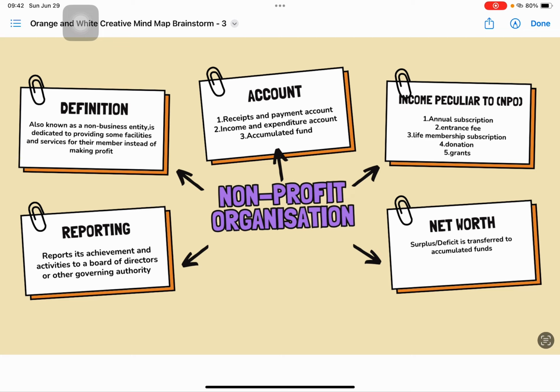For a profit organisation, the profit or loss is transferred to the capital account. And the last one is reporting. For a non-profit organisation, the report is on achievement and activity to a board of directors or other governing authority. And for a profit organisation, the report is on performance to its shareholders and investors.